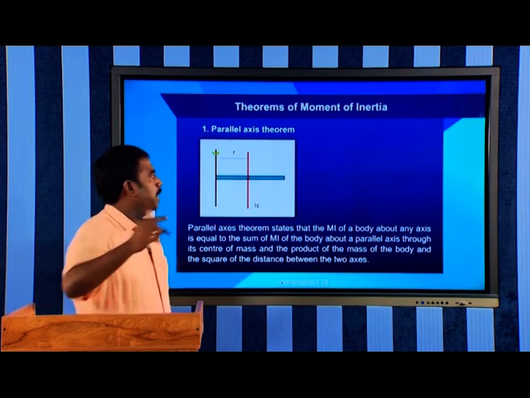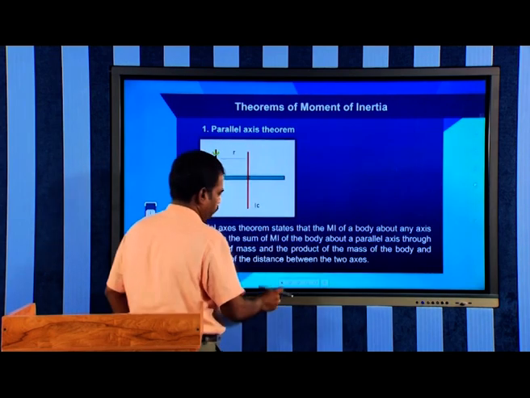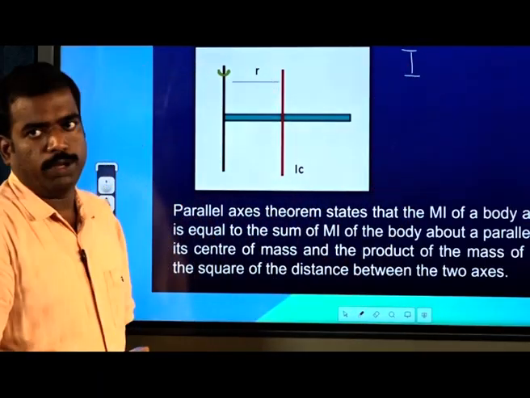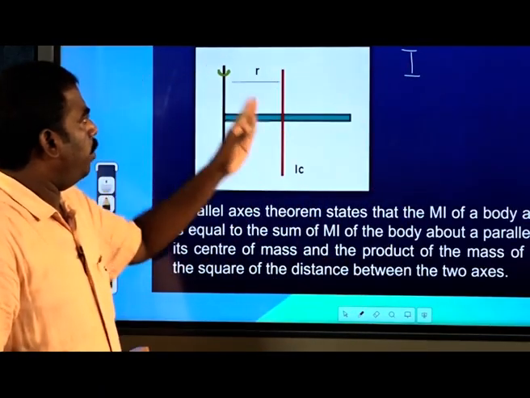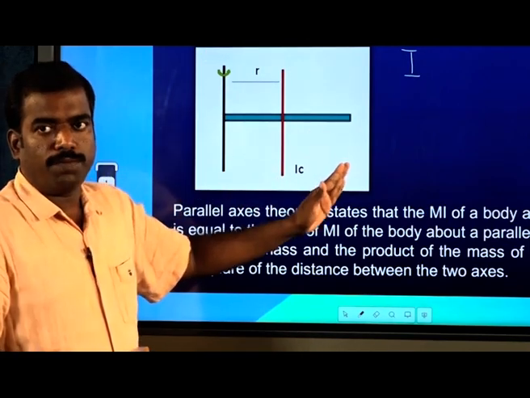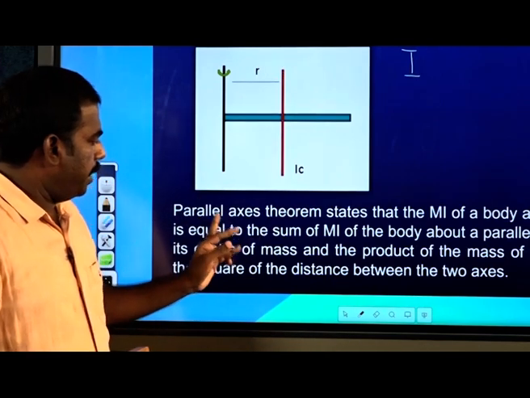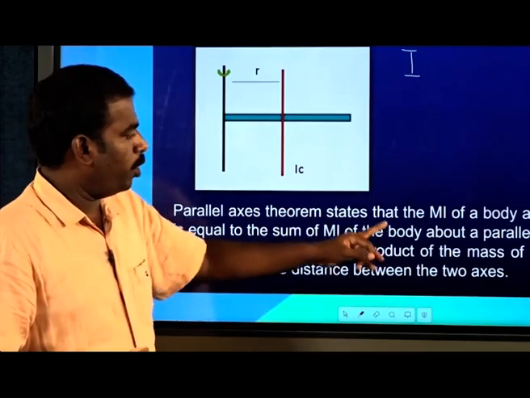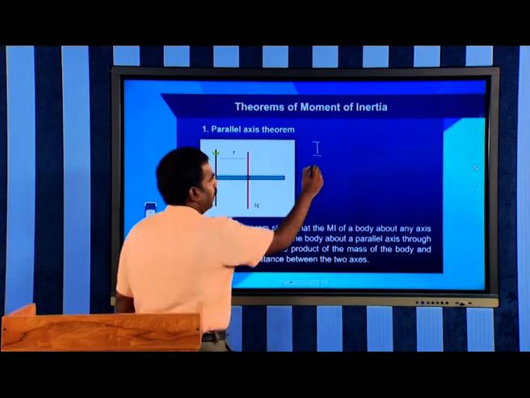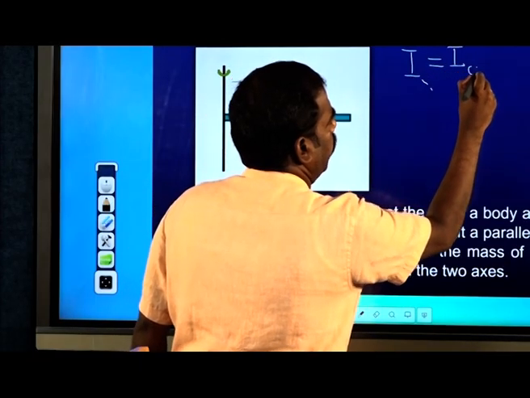Mathematically, if I is the moment of inertia we need to find, about a different axis, and we know the moment of inertia of the same body about an axis which passes through the center of mass, the statement is that it is equal to the sum of the moment of inertia of the body about a parallel axis through its center of mass. Let I_CM be the moment of inertia of the body about an axis passing through the center of mass.